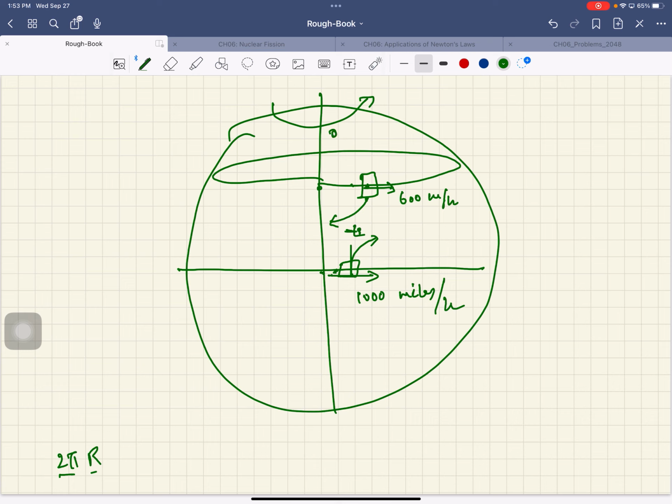Because you were on a non-inertial frame, standing on land, which is an accelerating frame of reference, you saw these guys being deflected, and you invented a new, non-existing force to explain the deflection. And that's the Coriolis force.